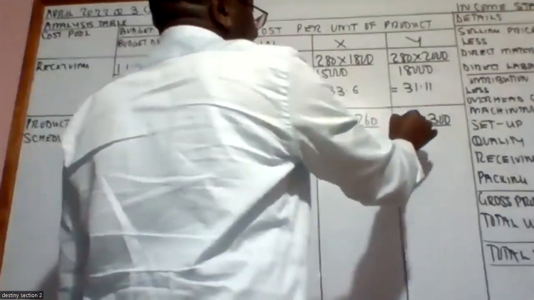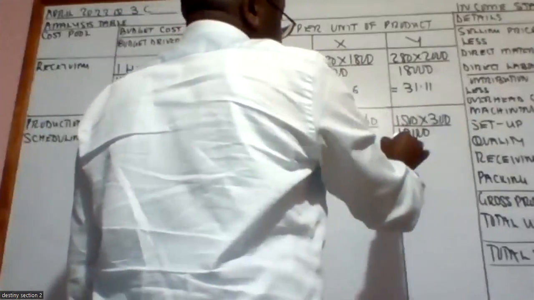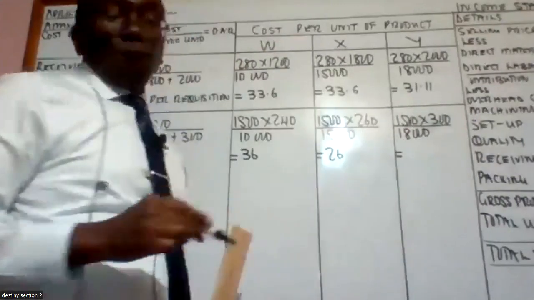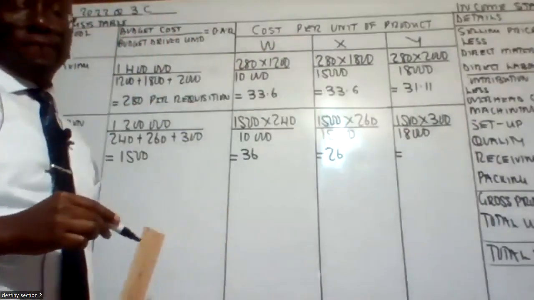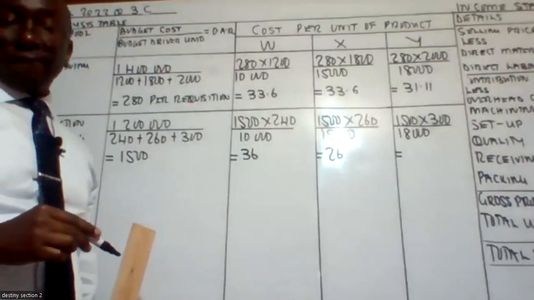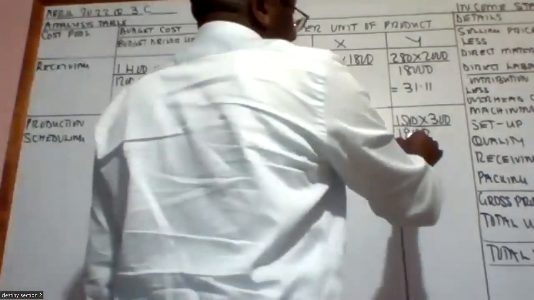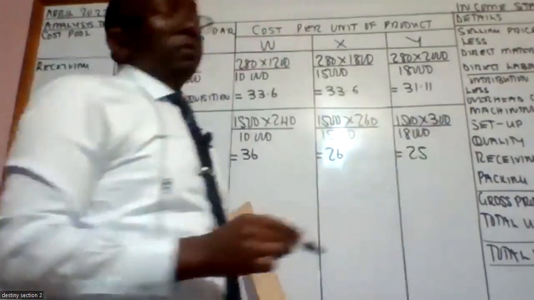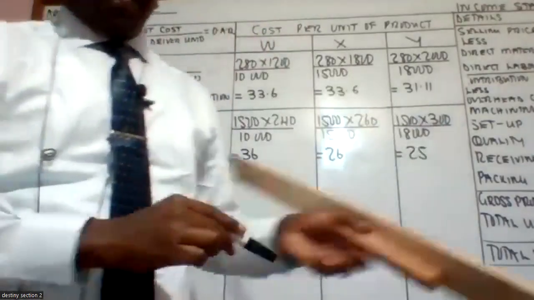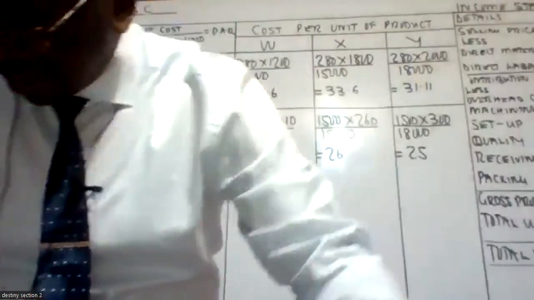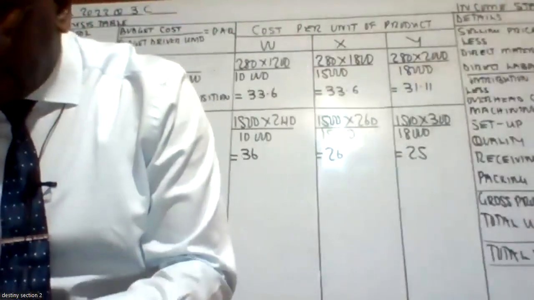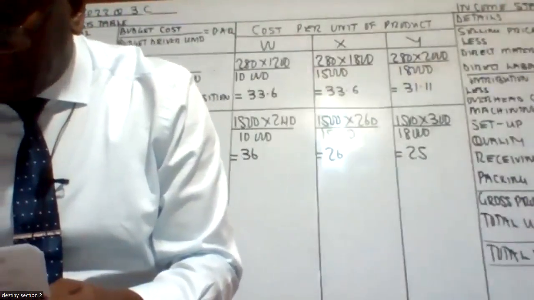You divide by 18,000. That is $25. $25. Good. Now, the next one we are told is determine the budget profit per unit.